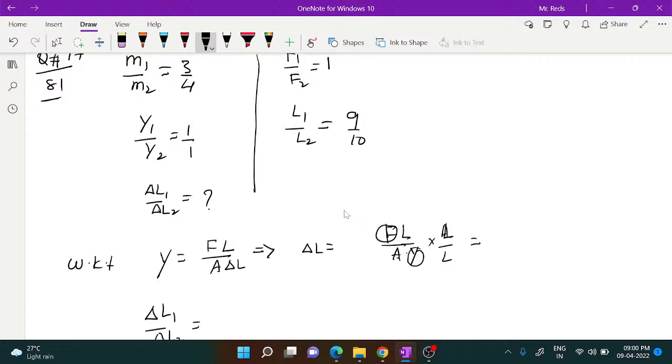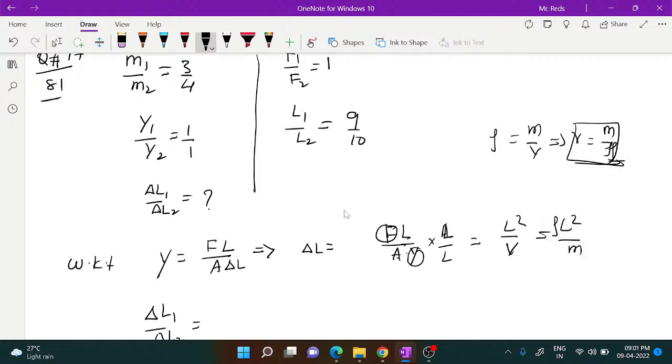So I have to take it as L square by volume. Then L square by volume, and as density is equal to mass by volume, we can take volume is equal to mass by density. Density of both materials is the same, so density will be the same.